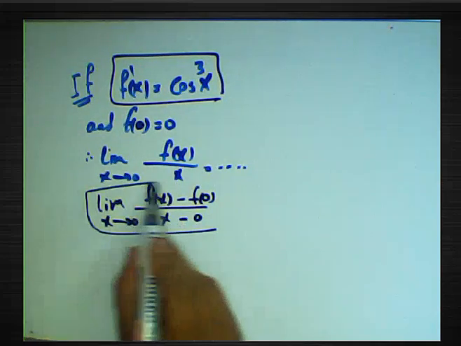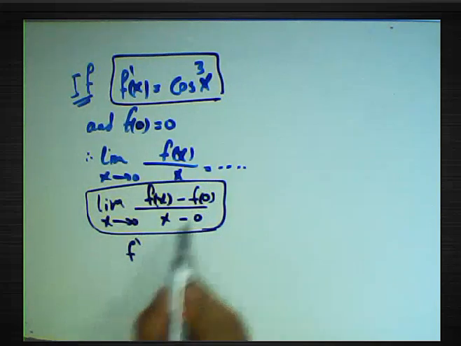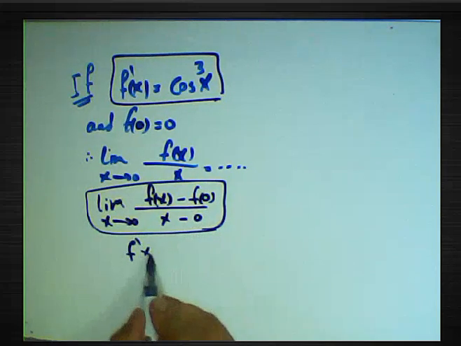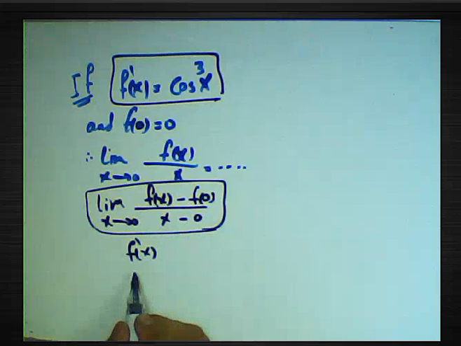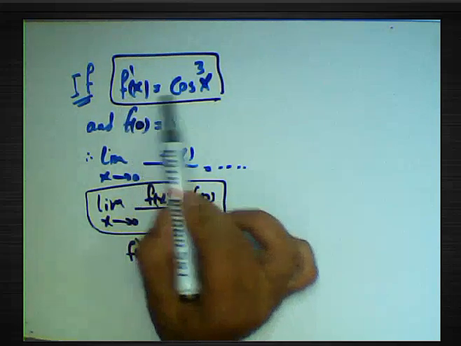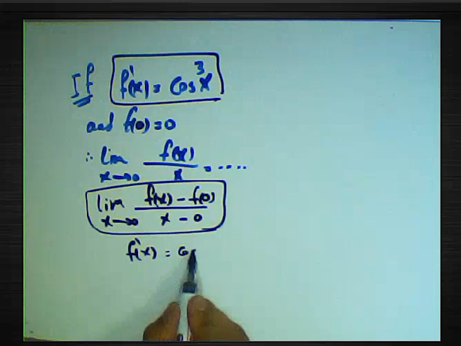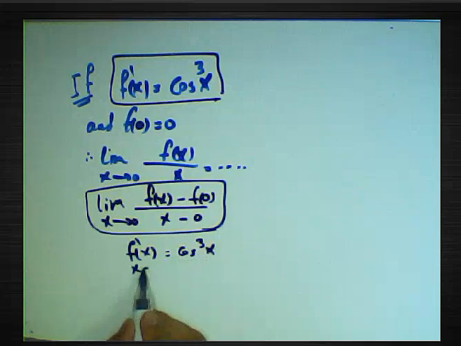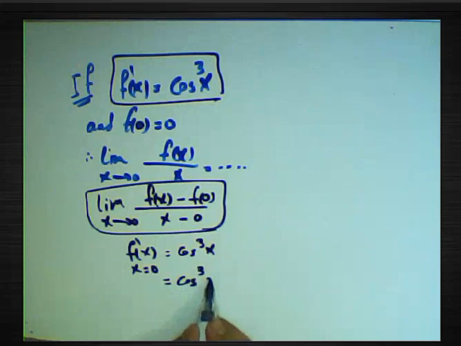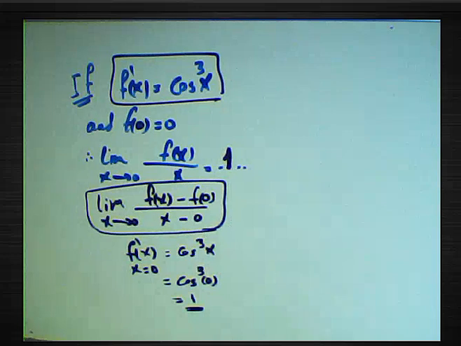So it will be f dash of this function when x equals 0, and the example gives f dash of x equals cosine power 3 of x. Put x equals 0, it will be cosine power 3 of angle 0. The result will be 1. It's a very important example.